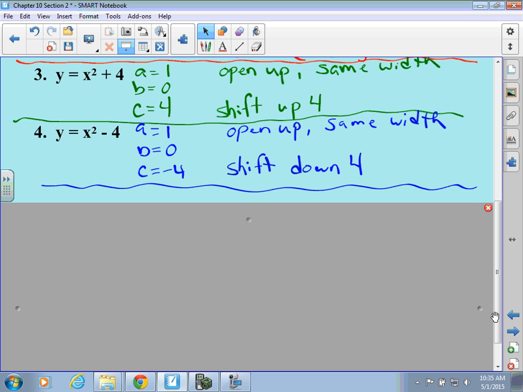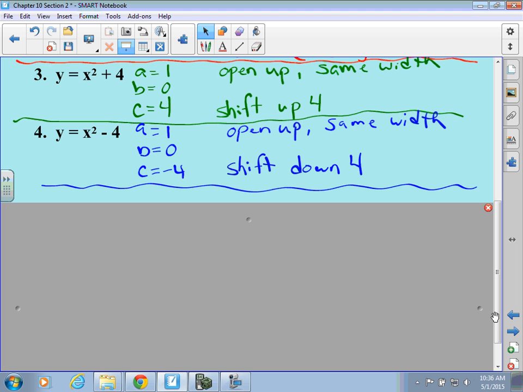It's that vertical stretch, remember, because it gets taller quicker the bigger the number. And the smaller the number, meaning it's a fraction, it becomes wider. The role of c: what does it do to the parabola? Shifts it up or down. If it goes up, the number is positive. If the number is negative, it goes down.